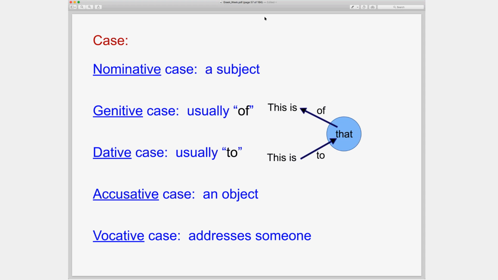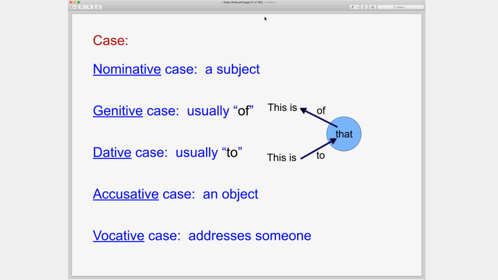Now, usually that translates the genitive into "of something," and the dative case "to." This can be a little bit misleading because "of" is a preposition and "to" is a preposition. It is not the case that they are making an implied preposition. It's a matter of direction.